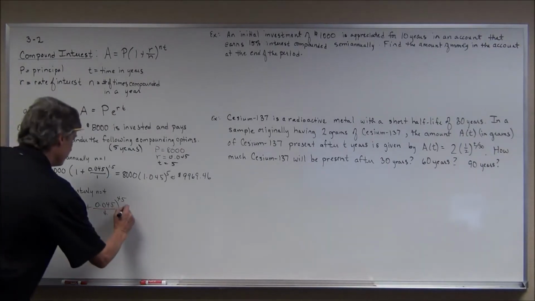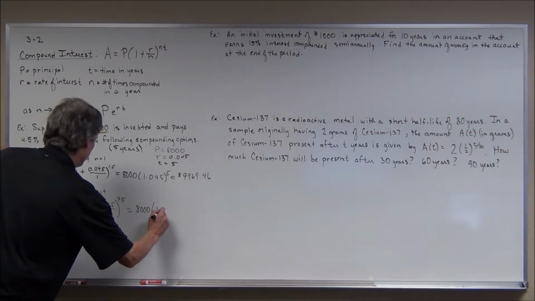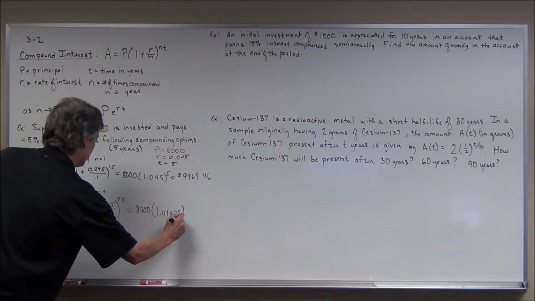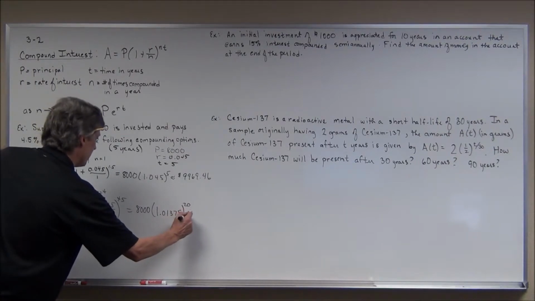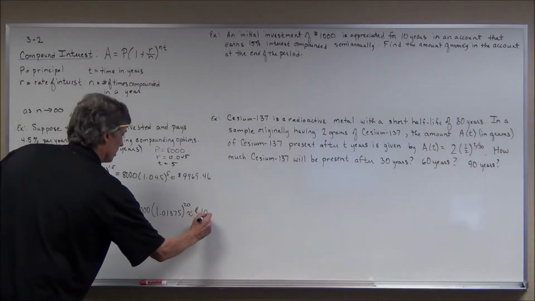So this is going to be 8,000 times 1.01375, if I'm not mistaken, to the 20th power, which is approximately, and I'll do this one in my head, $10,006.